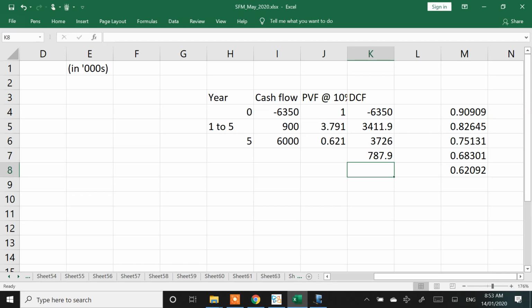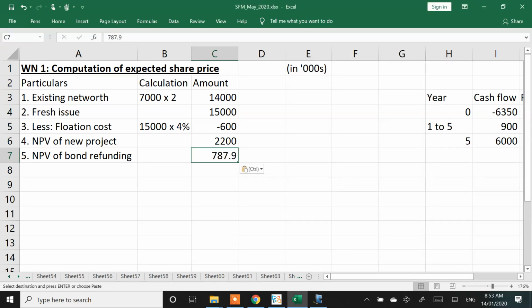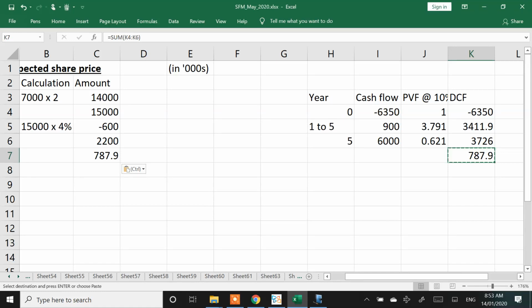I've raised this money and used it for 2 purposes. One purpose gave me an NPV of 2.2 million. This purpose gives me an NPV of 787.9. Any doubts on 787.9? Initially I pay 6350, I save 900 for 5 years and then I save 6000.